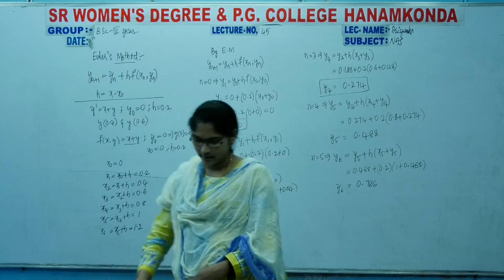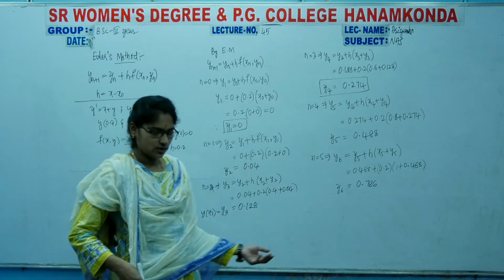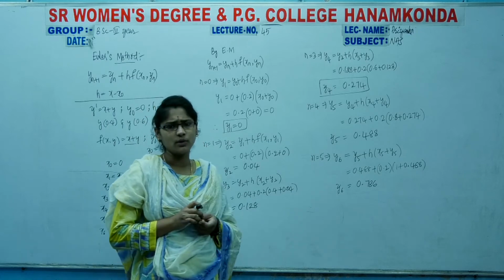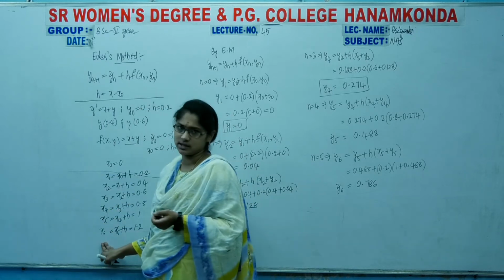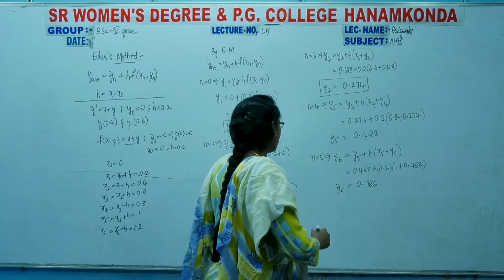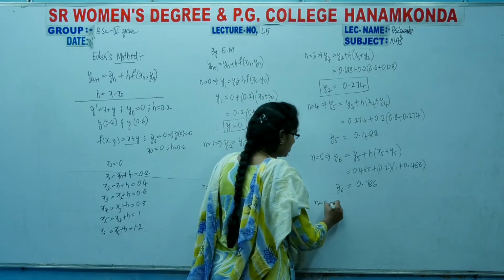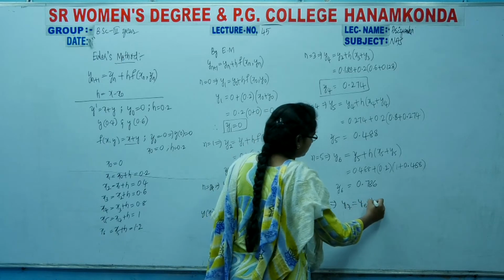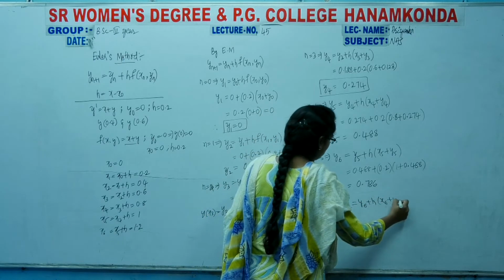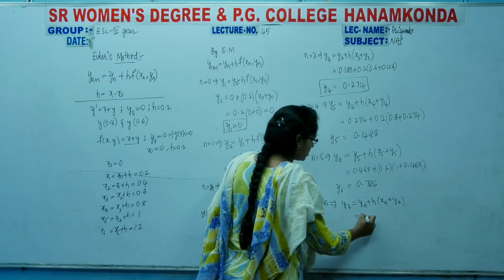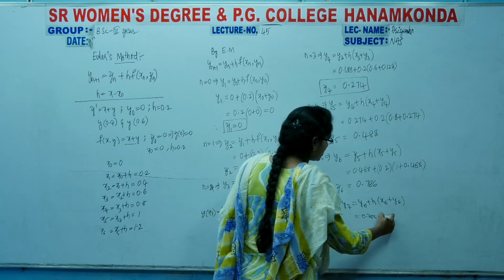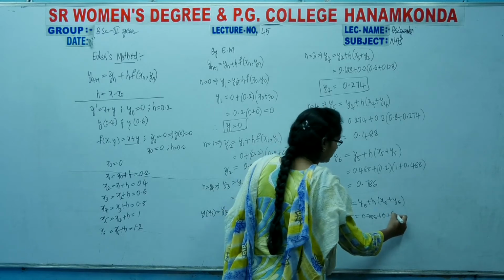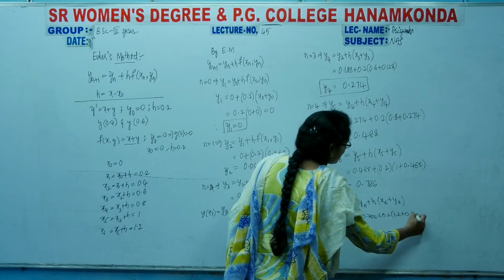So now here I have all the values of y. If you want, you can put n equal to 6 also, because we have x6. With that we can calculate those values also. Now y6. What do we get now? 0.786 plus 0.2 into x6 value is 1.2 plus 0.786.